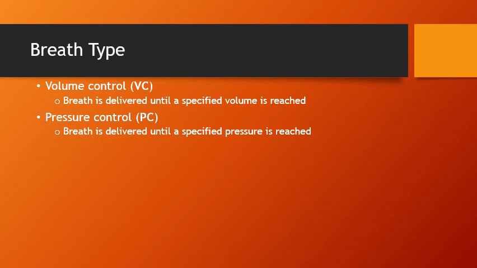In volume control, a breath is delivered until a specified volume is reached. The second breath type that we can choose to use is pressure control, abbreviated PC. In pressure control, a breath is delivered until a specified pressure is reached. We're going to talk about each of these in much more detail in the following slides.